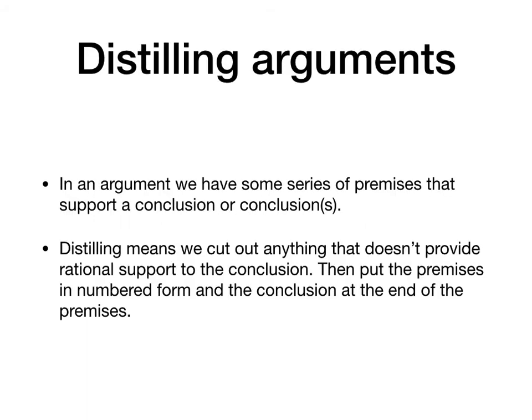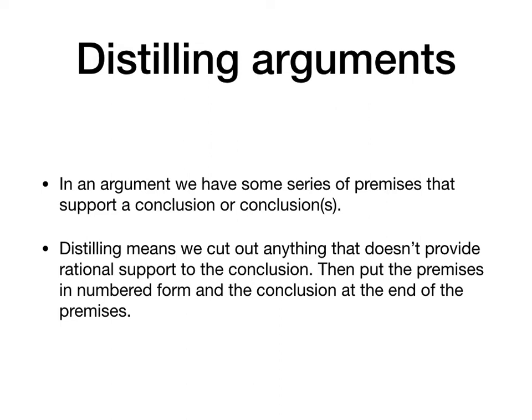Well, to distill an argument, it's important that we first think a bit about how arguments are supposed to work. In an argument, you're going to have a series of premises, a series of statements that support another statement, the conclusion of the argument. Sometimes an argument will have multiple conclusions, but at the very least it'll have one conclusion, right?